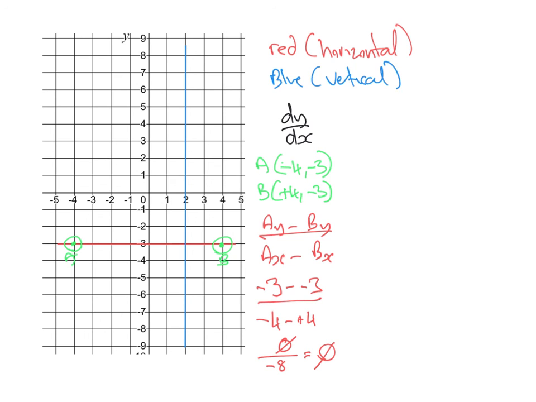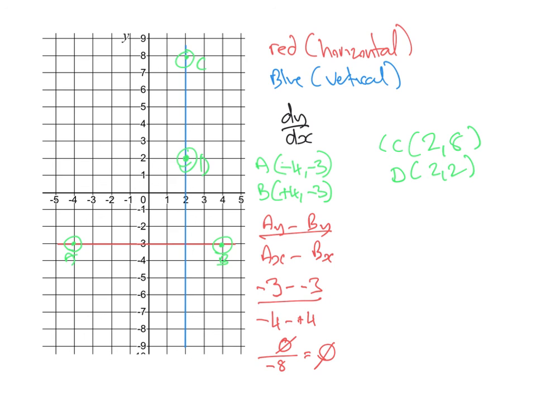Okay, right, now let's have a look at the blue line, the vertical line. Let's pick 2 points here. Let's pick here, we'll call that C. And then let's pick this one here, and we'll call that D. So C is 2,8, and D is 2,2.